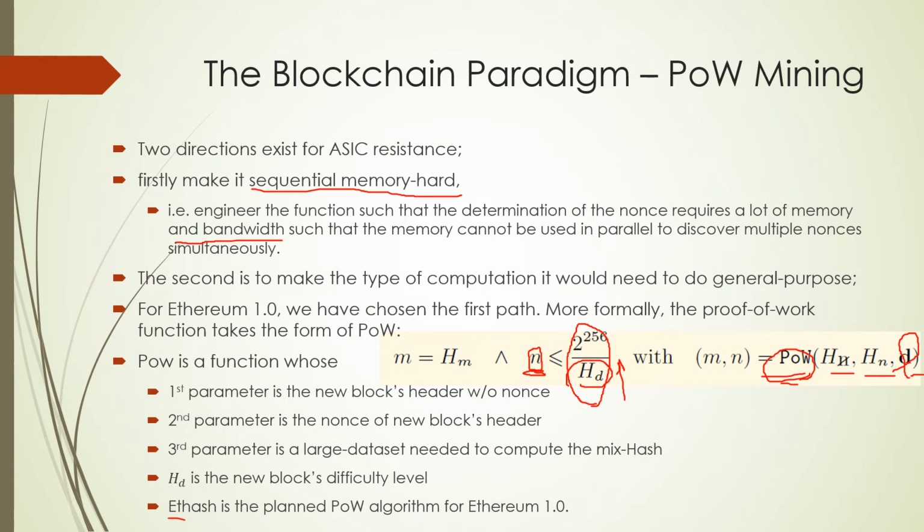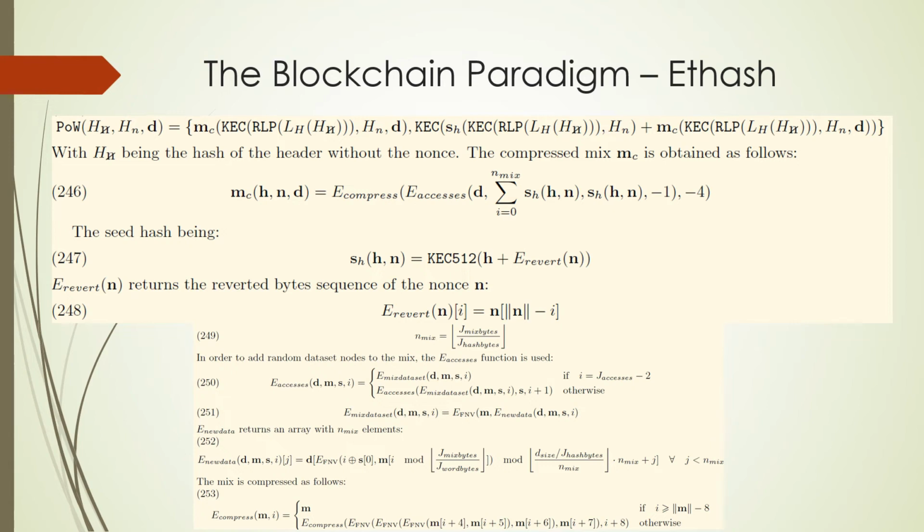basically, ETH hash is the planned proof of work algorithm for Ethereum 1.0. Again, I don't want to go through the details of ETH hash, but you can take a look at how that algorithm works and how the proof of work is calculated. This is basically equal to an ordered pair.